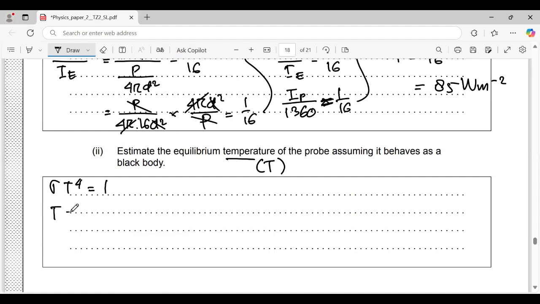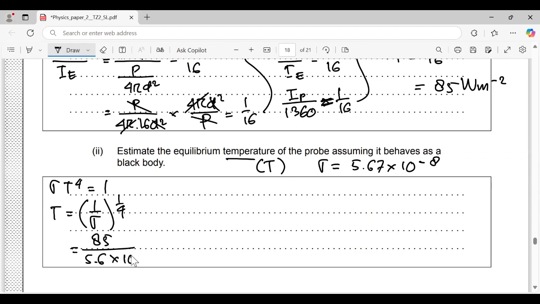If T is the subject, T equals (I over sigma) to the power 1 over 4. Sigma is the Stefan-Boltzmann constant, 5.67 times 10 to the power minus 8. I is 85, so it's going to be 85 over 5.67 times 10 to the power minus 8.